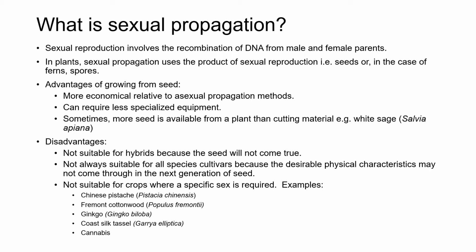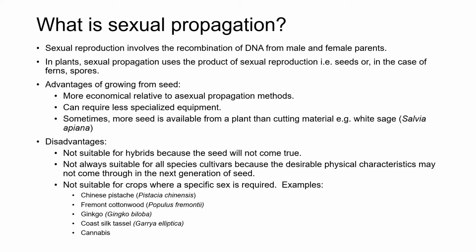Some examples of plants where most nurseries are wanting to reproduce a specific sex are Chinese pistache, where the fruits produced by the female are considered messy by most city planners. Chinese pistache is frequently used as a street tree in a lot of cities.